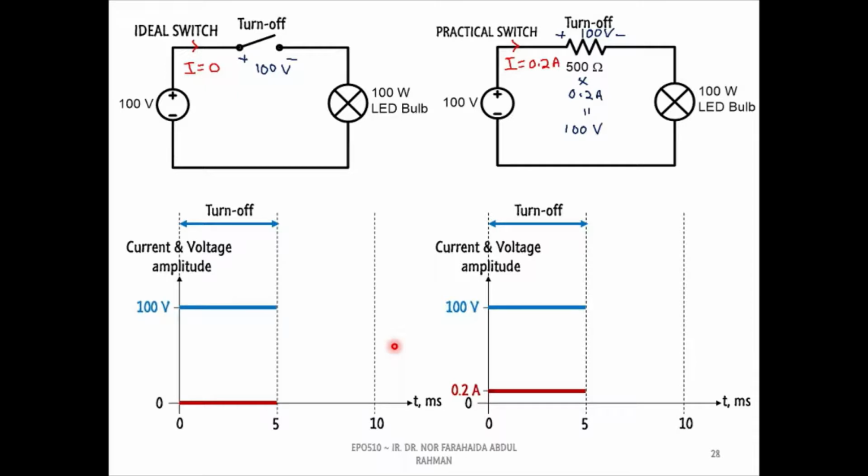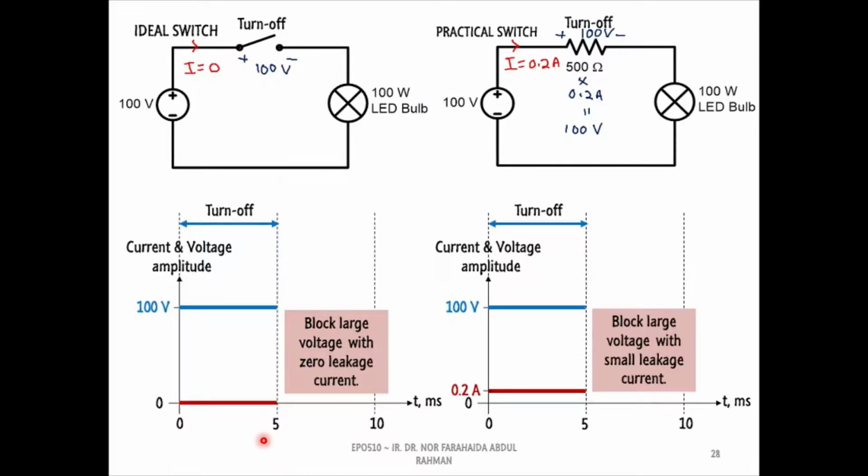According to the waveforms, we can describe the voltage and current or VI characteristics of both switches during the off state. For the ideal power switch, the device will block a large voltage with zero leakage current. Meanwhile, the practical switch will also block large voltage but with small leakage current.